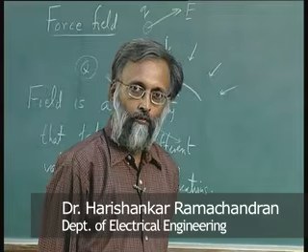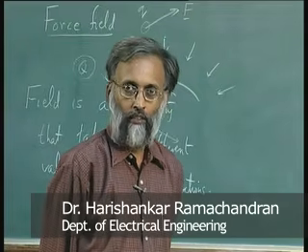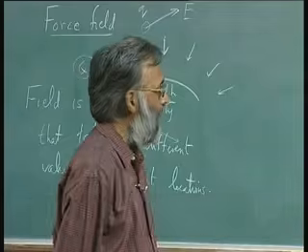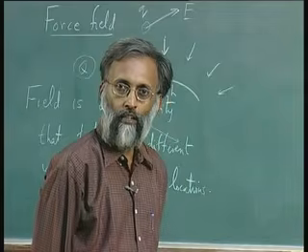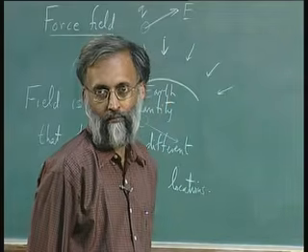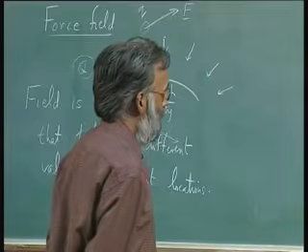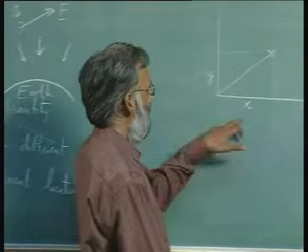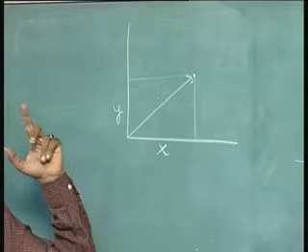Now, if we define some point, let us say the center of the earth as our origin, then we can draw a line from the center of the earth to any point, and that point would have an x, a y and a z.